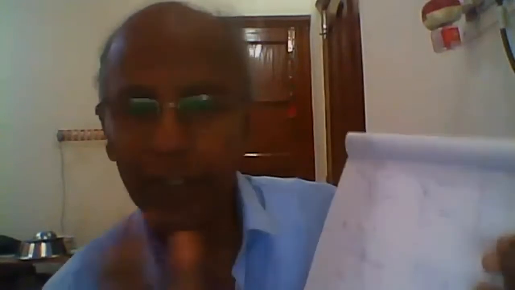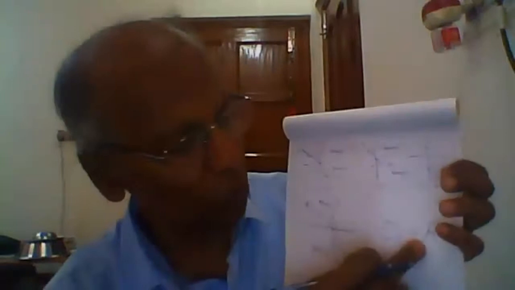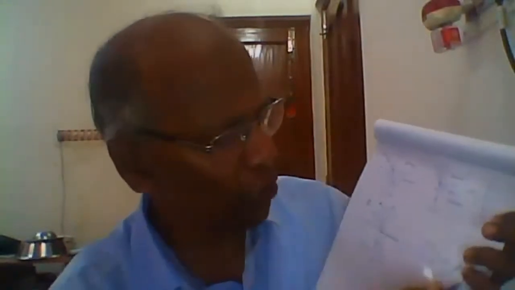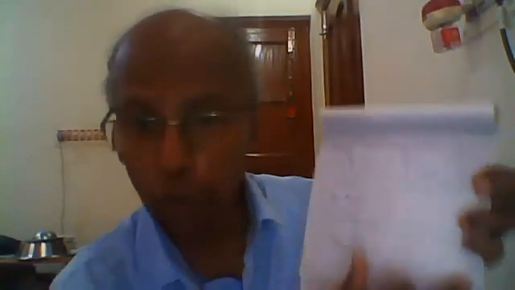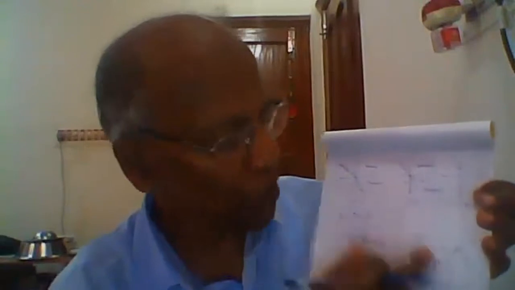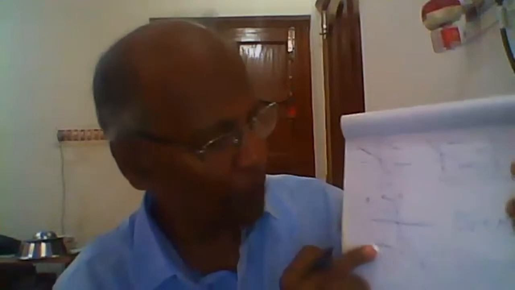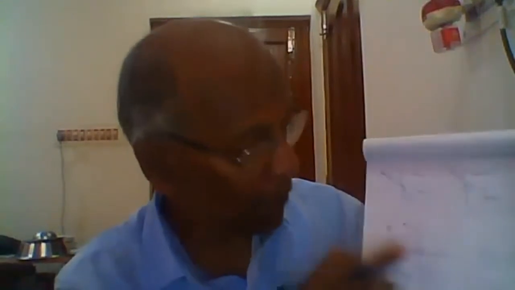This constant is represented by the letter mu, and sometimes it is also written as 1 mu 2. It is the refractive index of the second medium with respect to the first medium. Second medium means the one in which the refracted ray lies, and the first medium means the one in which the incident ray lies.